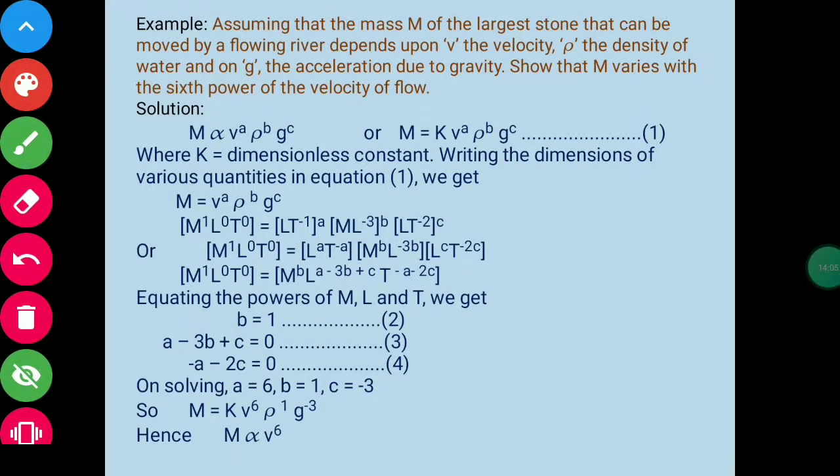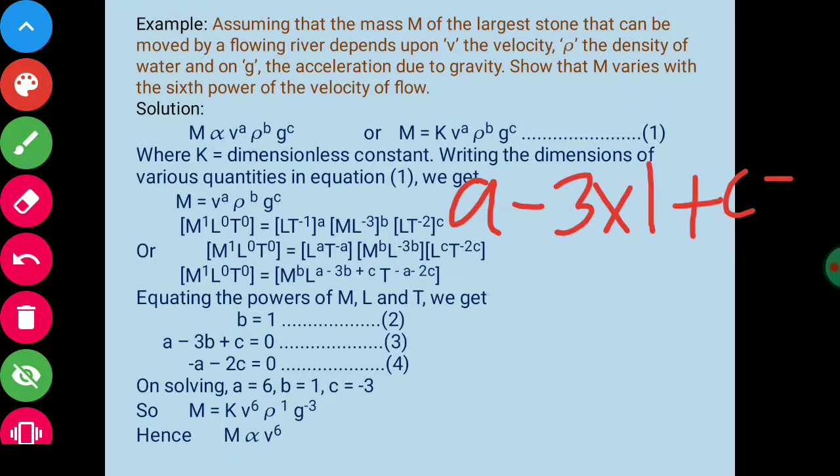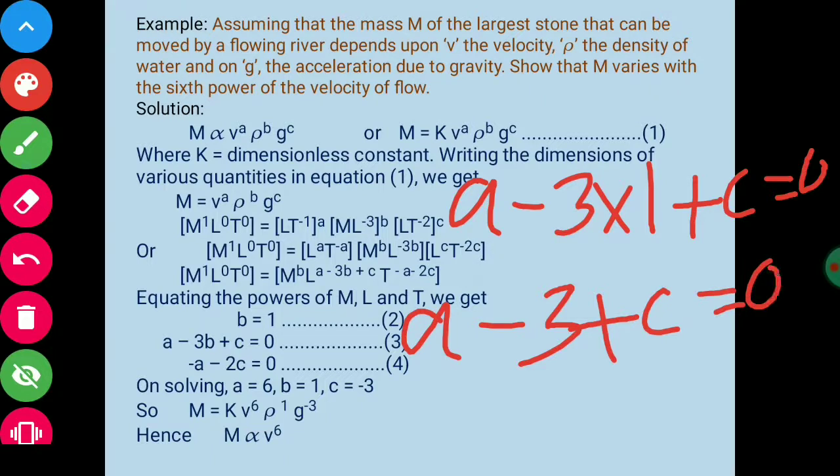Now put the value of b in equation number 3. How? See, a minus 3 into b, which is 1, plus c equals 0. So it becomes a minus 3 plus c equals 0.